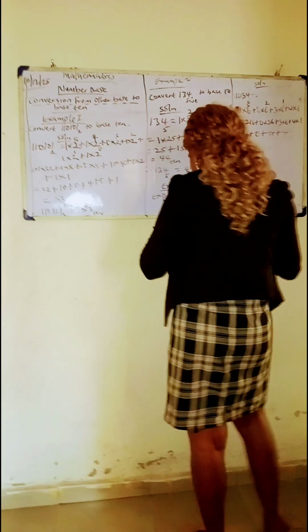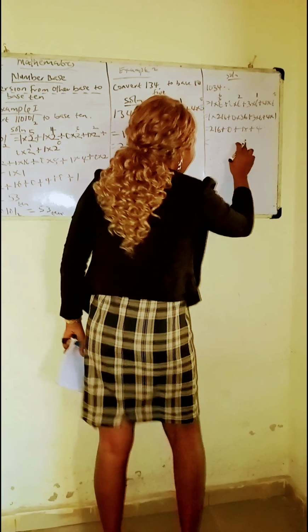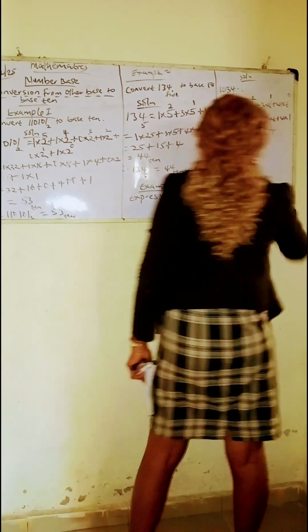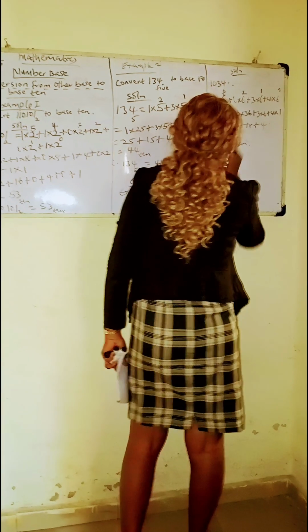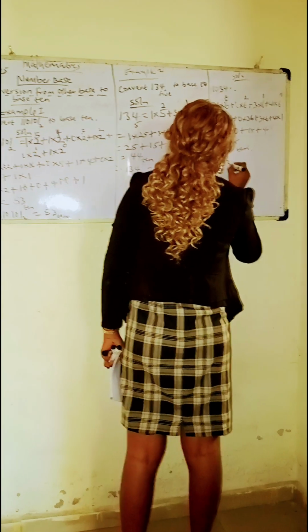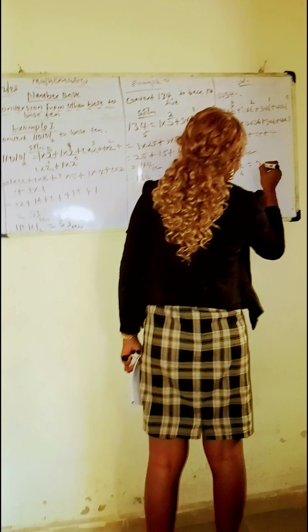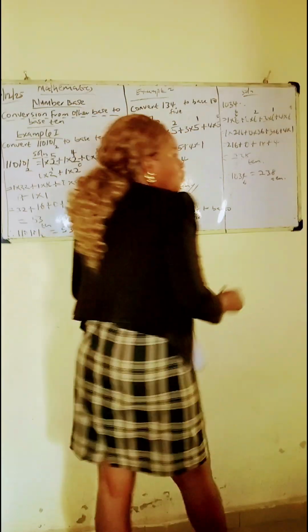So now we are going to add up 216 plus 18 plus 4 will give us 238 to base 10. Therefore 10346 to base 6 is equal to 238 to base 10.